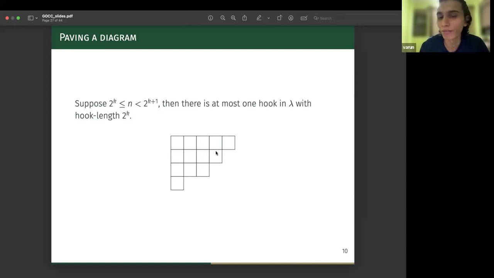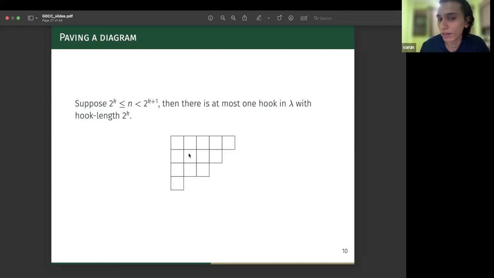Now we need to deduce a few things. The first is that whatever this hook is, it has to intersect either the first row or the first column of the diagram.